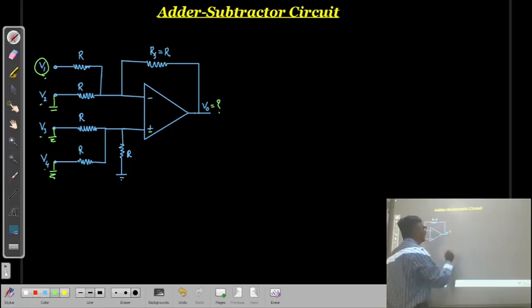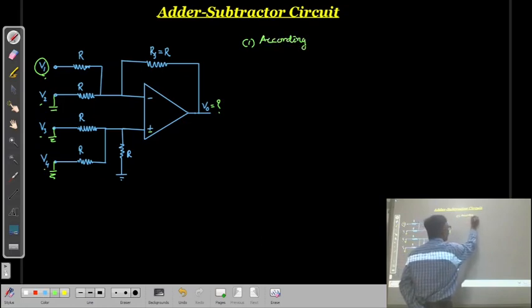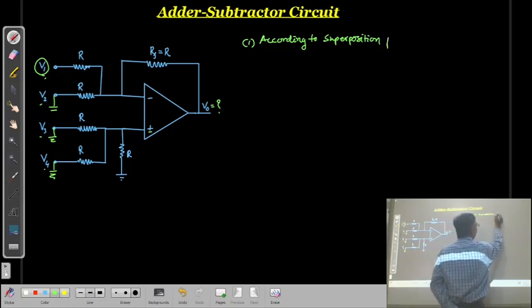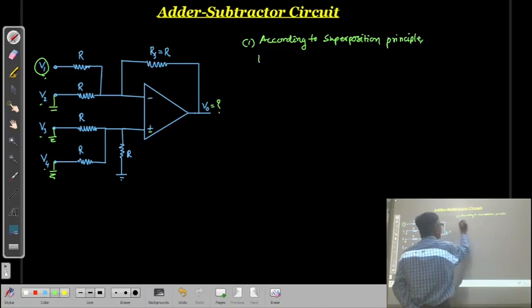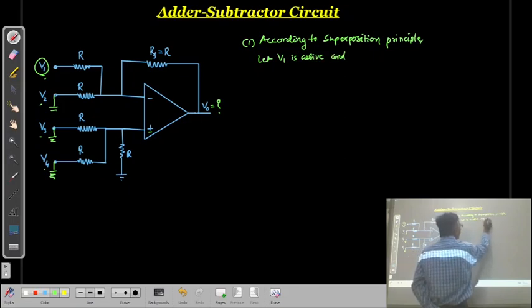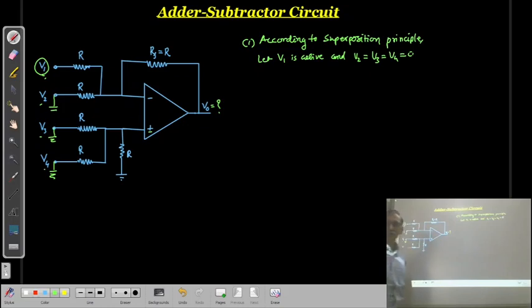So let us consider first, according to the superposition principle, that V1 is active and V2 equal to V3 equal to V4 are connected to the ground.